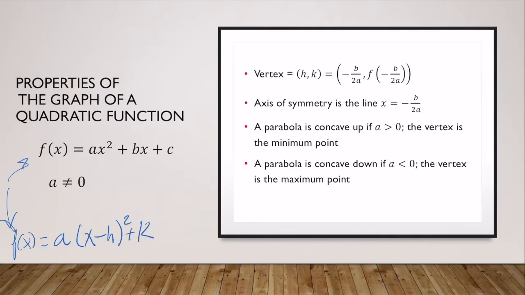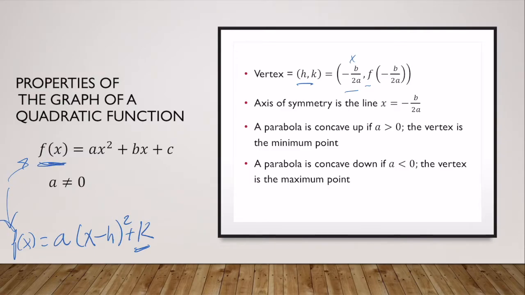So our vertex I had mentioned in the last video was h, k. Well, h, k can be found by taking negative b over 2a, so that'd be our x value, right? And then I can find my y value, k, by taking f of negative b over 2a, so plugging this back into our original function.